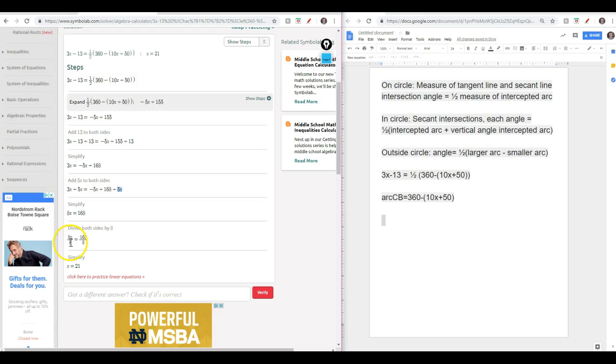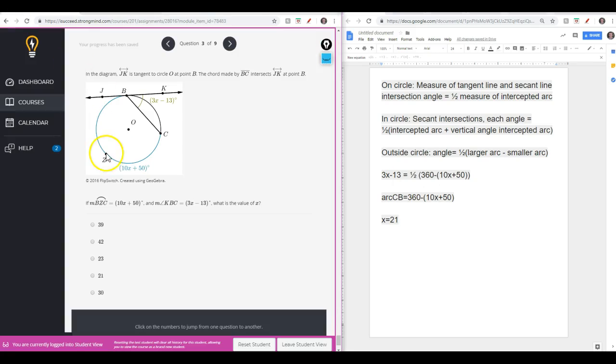And then 8 divided by 8 reduces down to 1. So we have 1x, which is right there, and 168 divided by 8 is 21. So x is equal to 21. And if we jump back over here, it is asking what the value of x is, and it's 21.